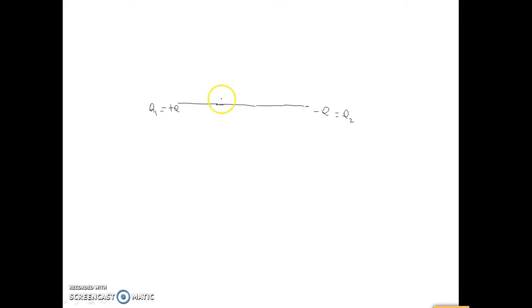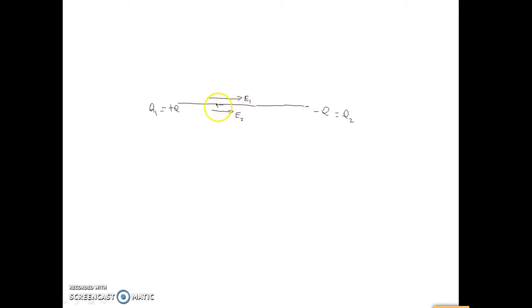At this point the direction of the electric field due to plus Q is in this direction, because a unit positive charge placed at this point will be repelled by plus Q, whereas it is attracted by minus Q, but this magnitude will be less, whereas E1 will have a higher magnitude.